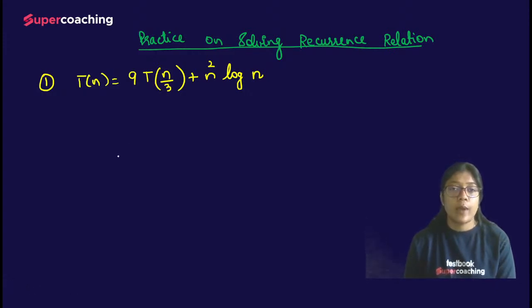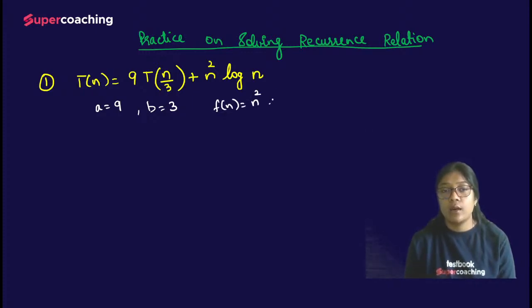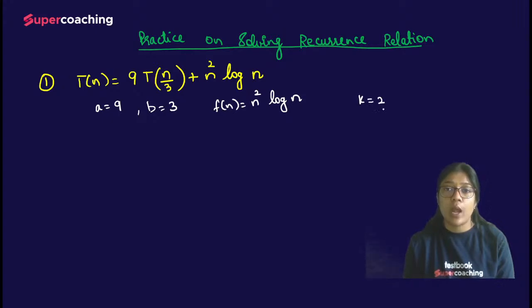Find out the value of a. Starting steps are the same. b is 3. We can apply Master's theorem. f of n is given as n square log n. If you compare here, k is equal to 2 and p is equal to 1.